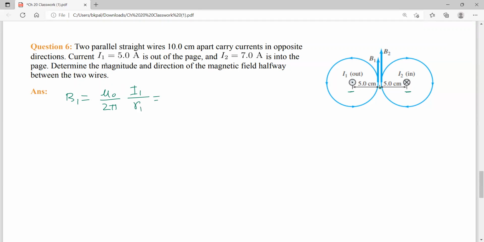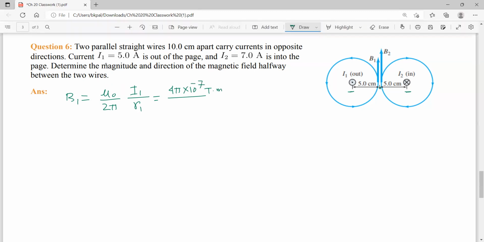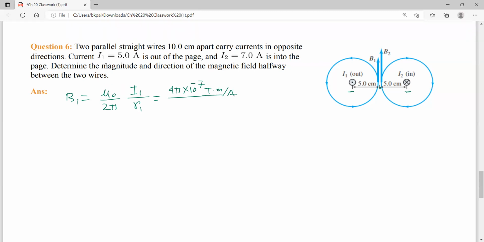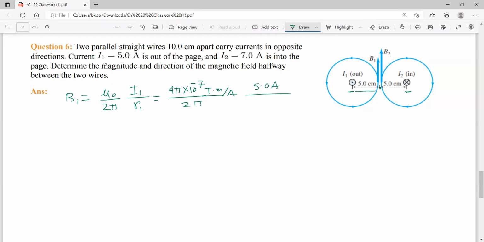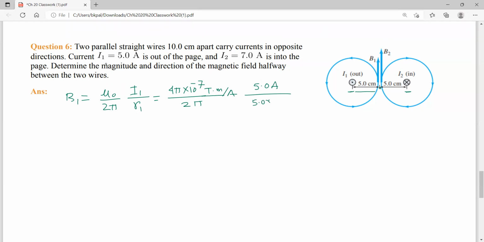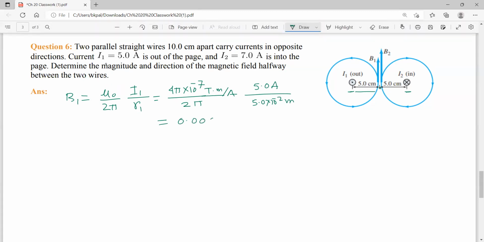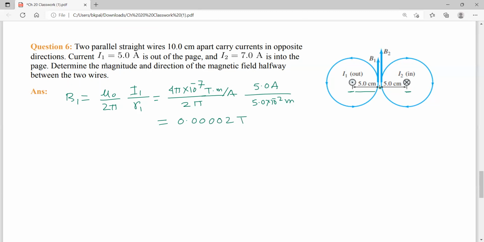So mu 0 is 4 pi times 10 to the power minus 7 Tesla meter per ampere, 2 pi, and then I1 is 5 amp, and R1 is just this 5 centimeters, so 5 times 10 to the power minus 2 meter. So what we get is 0.00002 Tesla. Similarly, you can determine B2.